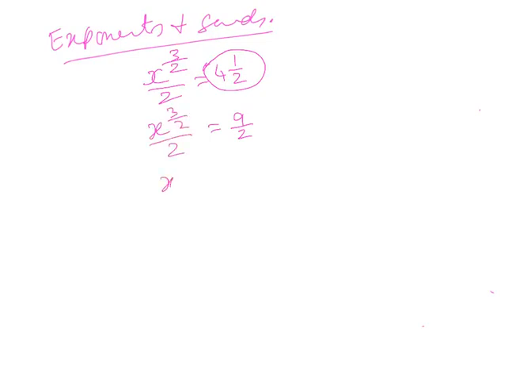Now I isolate the power, that is, I have to multiply by 2 on both sides, and I will get x to the power of 3 over 2 is equal to 2 times 9 over 2, which gives x to the power of 3 over 2 is equal to 9. Now I transpose this power to the other side: to make the power 1, I multiply the power with the reciprocal of the exponent.